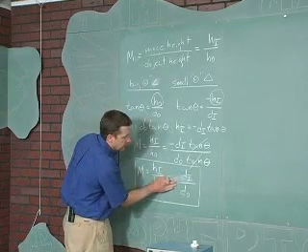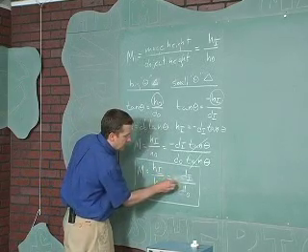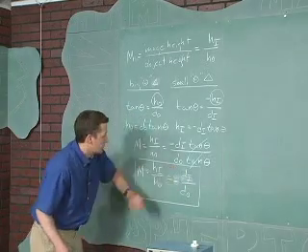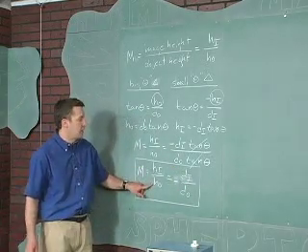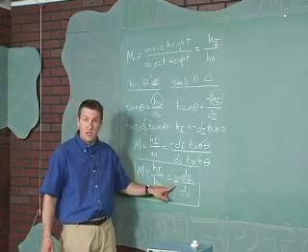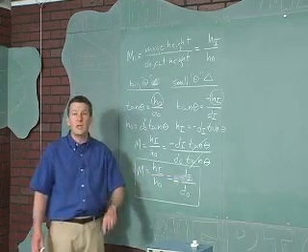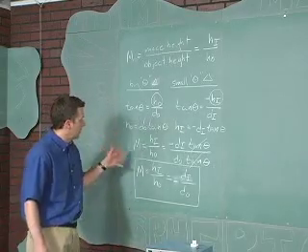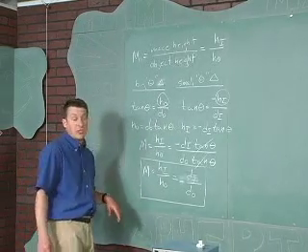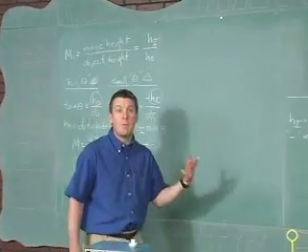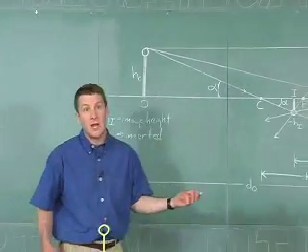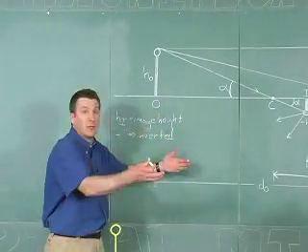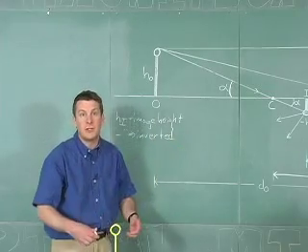Let's move that negative sign out here. That's where you'll normally see it. So we have the ratio of the image height to object height equals the negative ratio of the image distance to the object distance. Well, this is a really handy way to define magnification, because now we're using a little bit more of the information associated with our diagrams and what we know physically to be true from our observations.